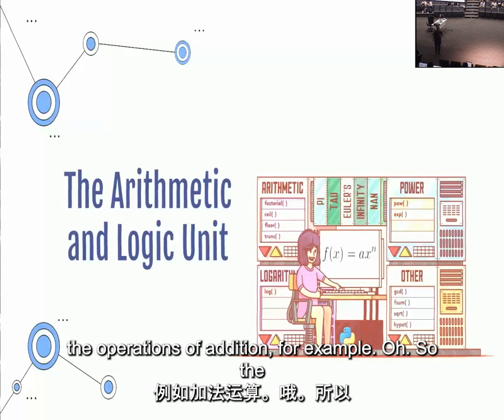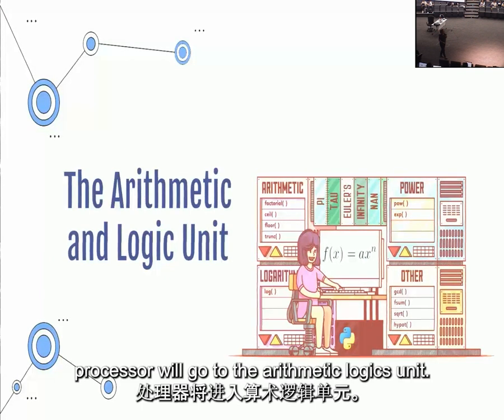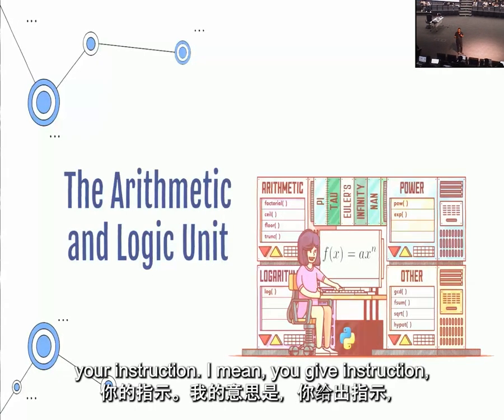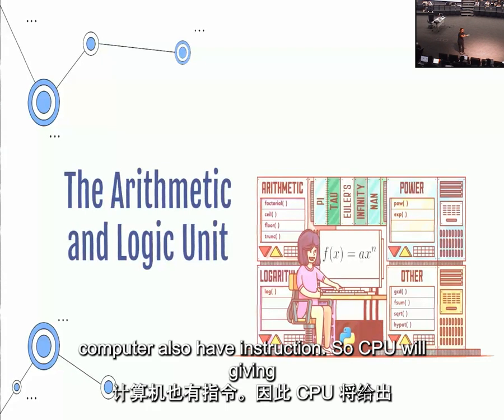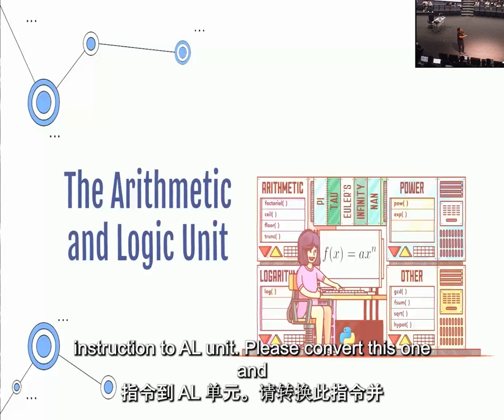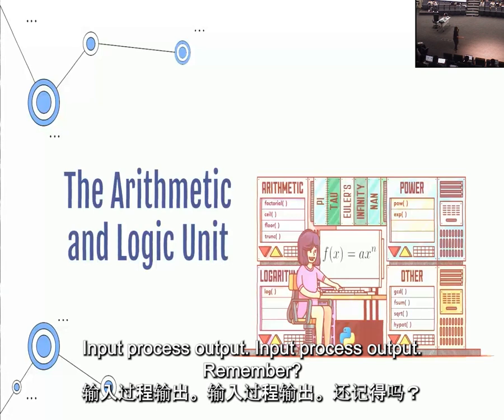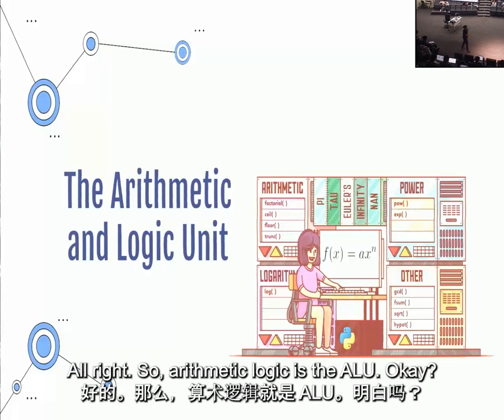The processor will go to the arithmetic logic unit, because only it has the instruction to execute your instruction. You give an instruction, and the computer also has instructions. So the CPU will give the instruction to the ALU: please convert this, calculate, and then display to the output. Input, process, output. Remember?